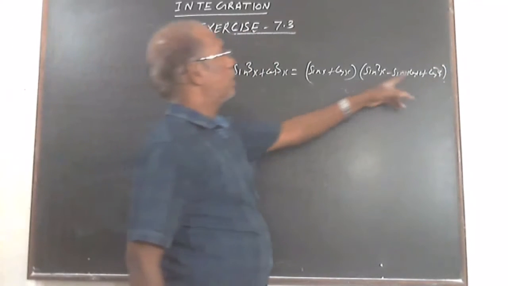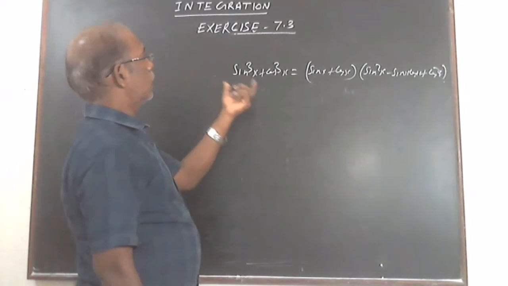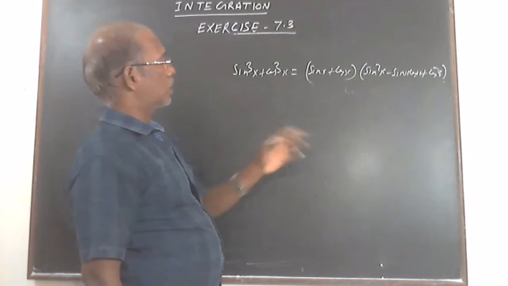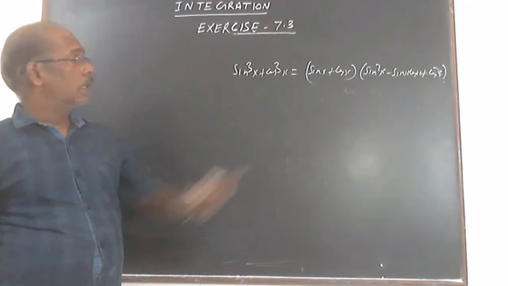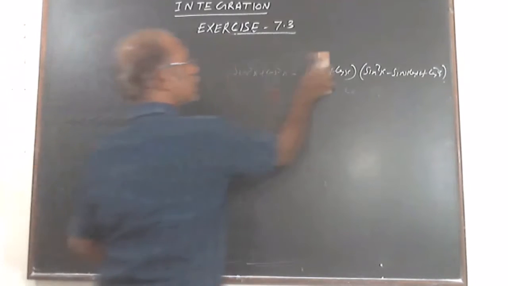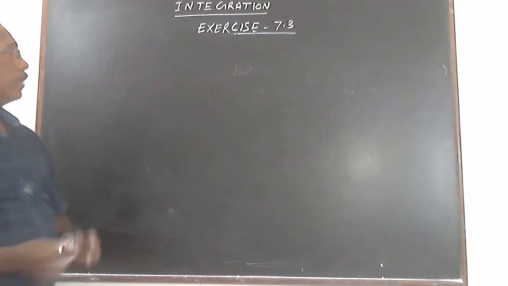And then this 1 minus sin x cos x, with the denominator sin square x into cos square x. Then we have to separate, and then we can try to integrate. This is another way using another identity.